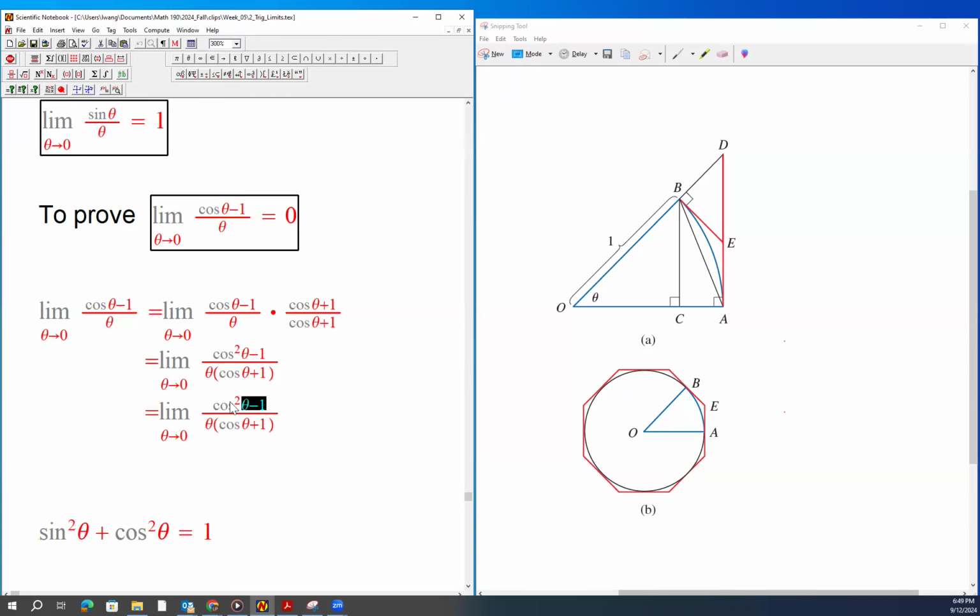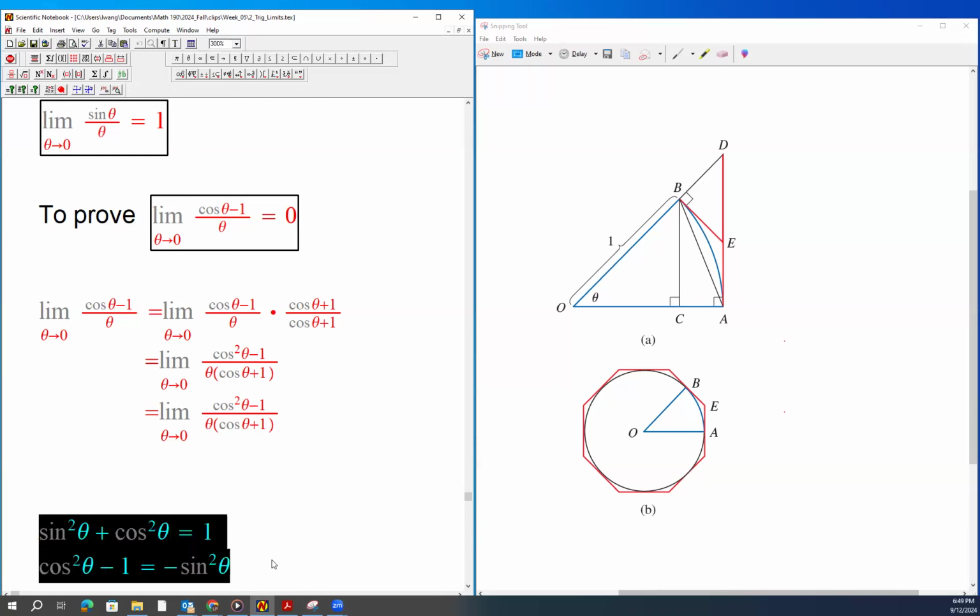Therefore, if I subtract 1 on both sides and subtract sine squared, I will get cosine squared theta subtract 1 equals negative sine squared theta.